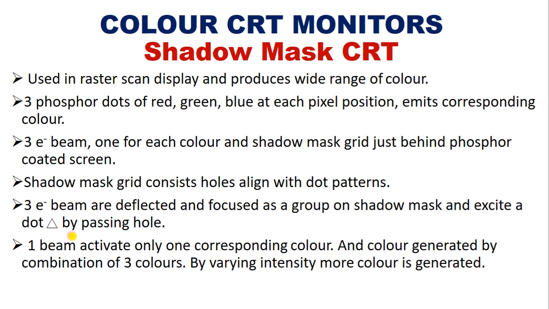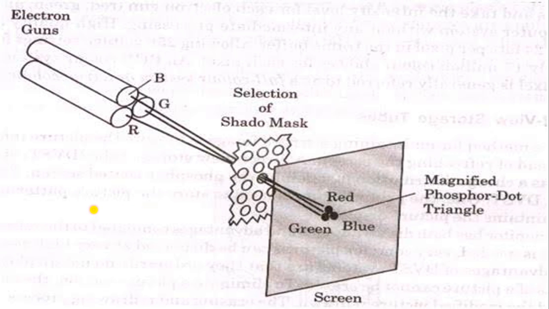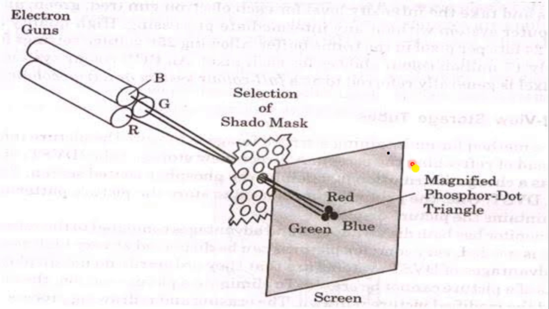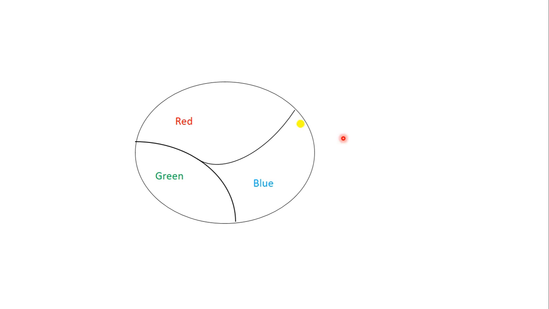And about the dot triangle by passing through a hole, let me tell you what a dot triangle is, though not in detail. Suppose it is a pixel; just now I told you the CRT screen is made of pixels. This one circle is a pixel, dot meaning circle, and it contains three different strikes.